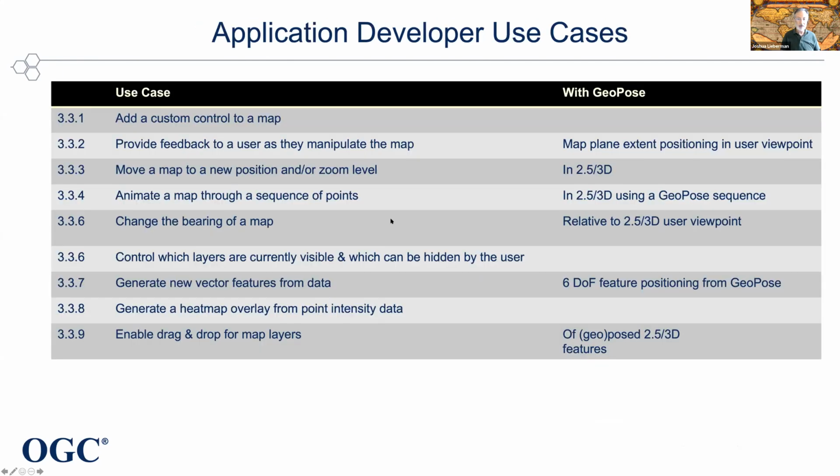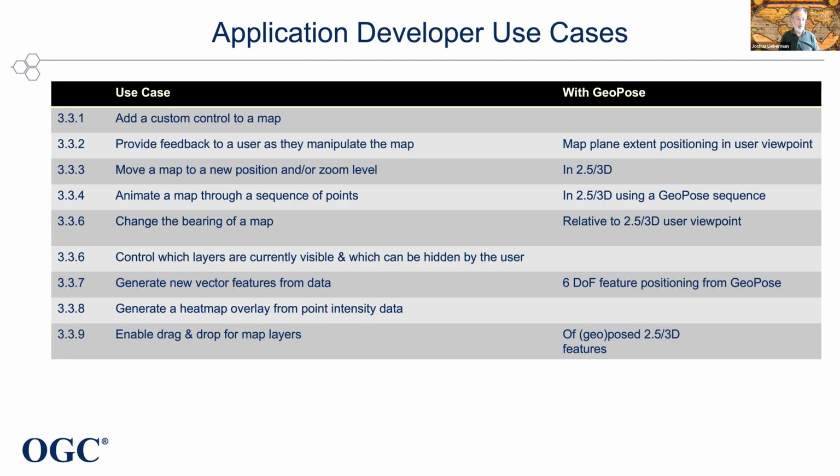So the third one is the application developer. What capabilities can a developer create using the assistance of the GeoPose definition of position and orientation and the ability to exchange, interchange, and manipulate that?